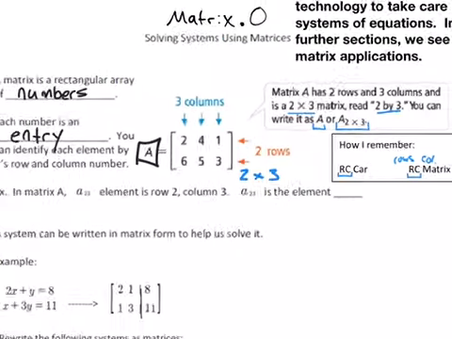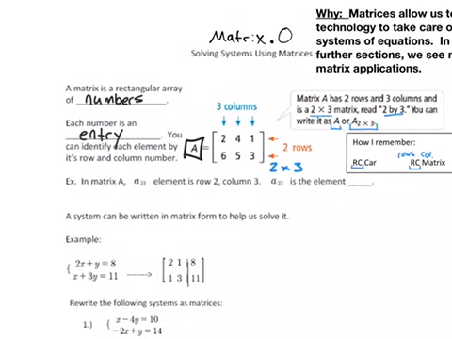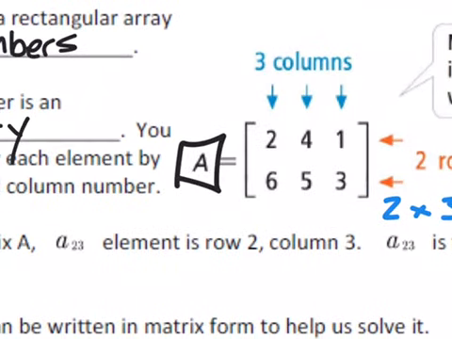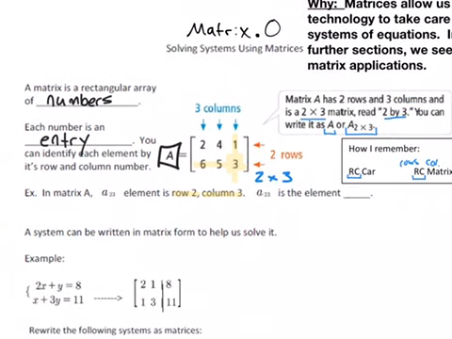and 3 columns. Now, to find different entries quickly in a matrix, we use the matrix name, so A, and then the row and column designation that we want. So to find this value here, A23, it wants us to go to row 2, column 3. So here is row 2, here is column 3. Where those cross over is telling us the entry.